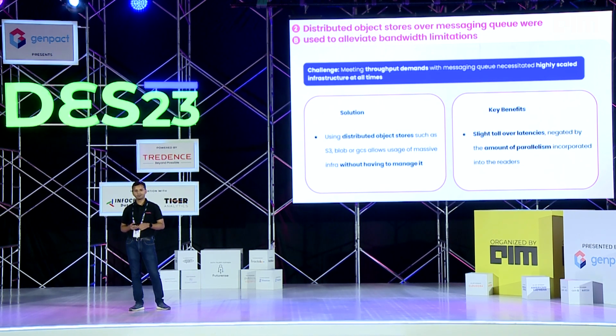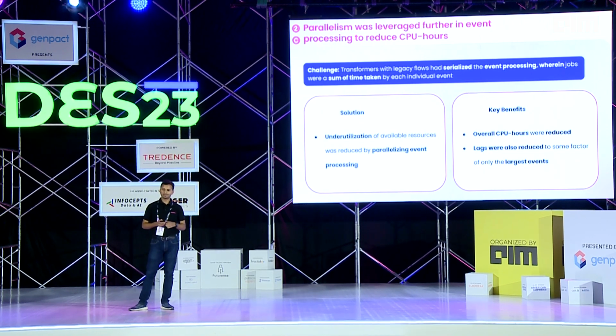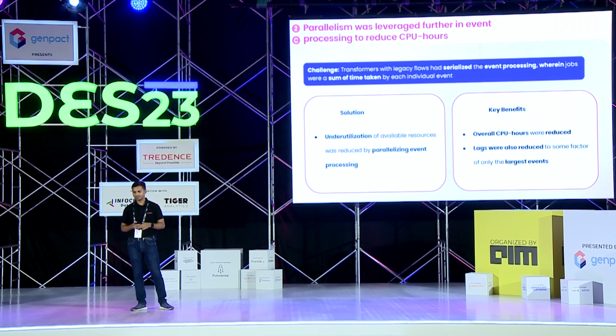This led to improved parallelism and better utilization of resources. The event processing that we were doing in a serialized manner was parallelized, which led to better utilization of resources. This also improved the data freshness that we encountered.